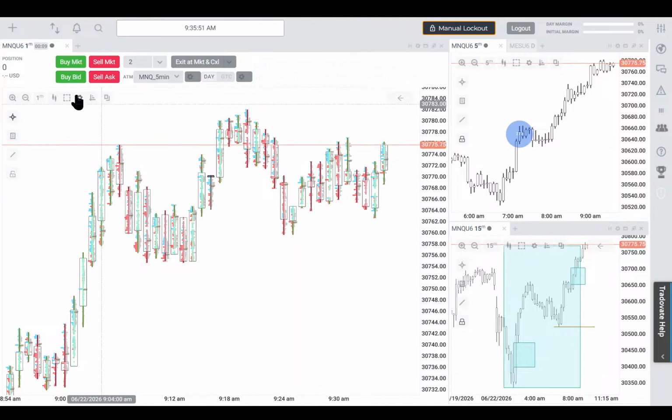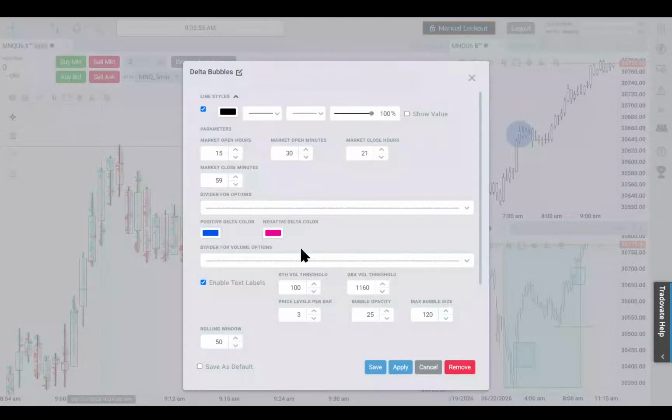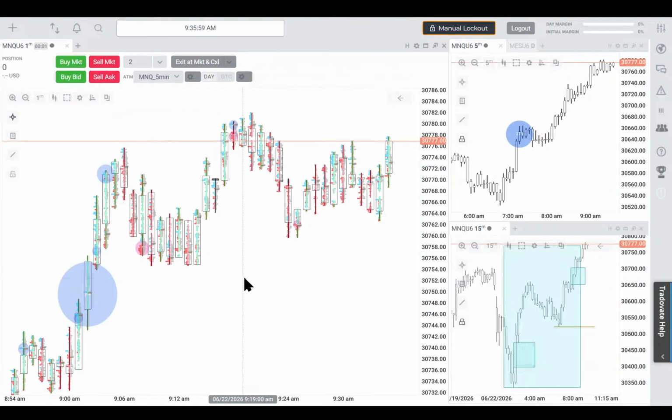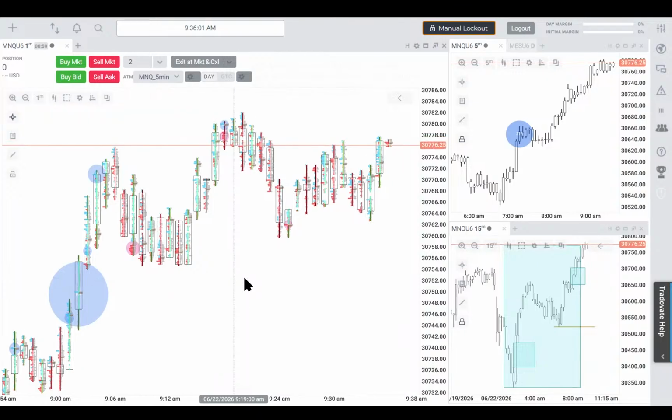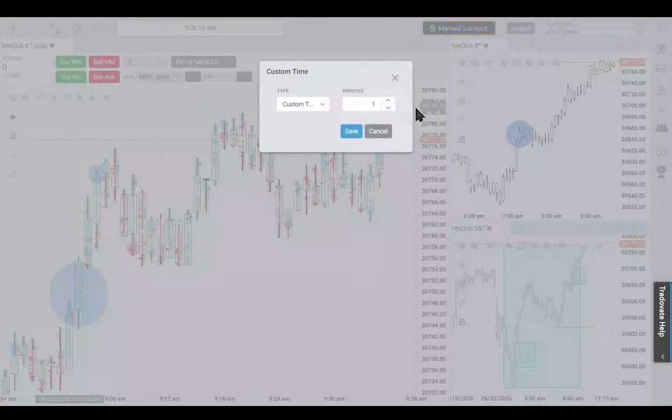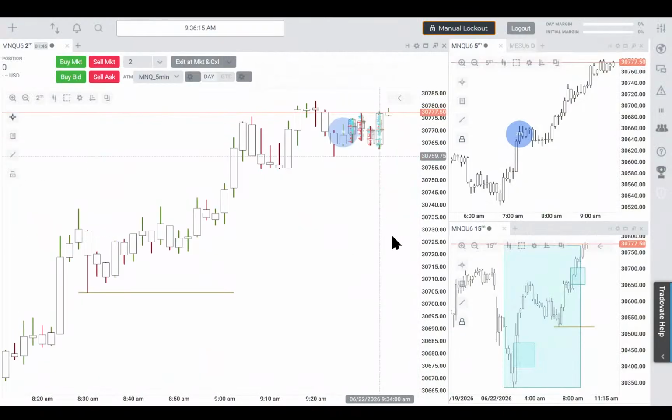But the bubbles add something different. Looks like the buyers are getting more power again on 1 minute, pushing it up. It's really close to those highs. Yeah, 1 minute buyers showed up. 2 minute buyers not really there.